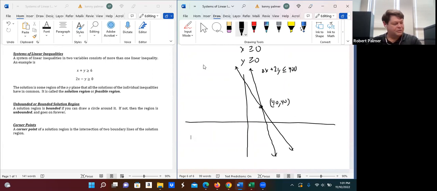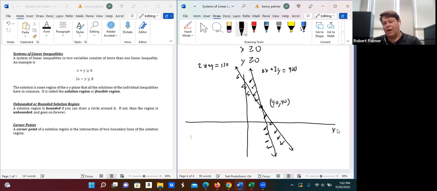This line is the other one, 2x plus y, the line itself is equal to 120. Both these inequalities are less than, so basically going in this direction. So our solution region is going to be here.